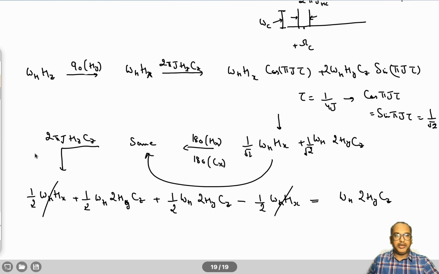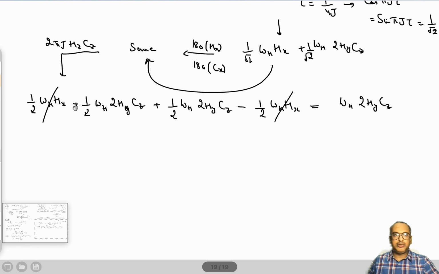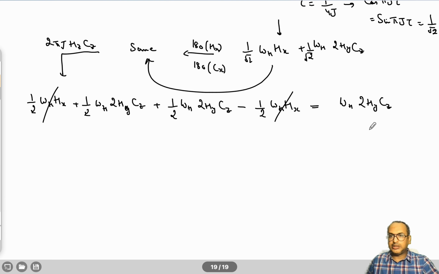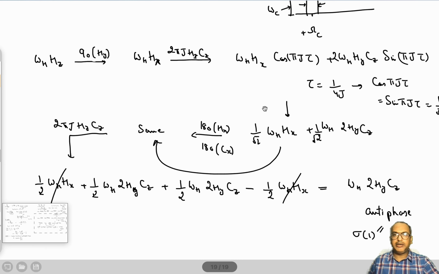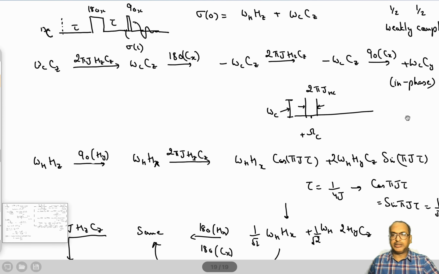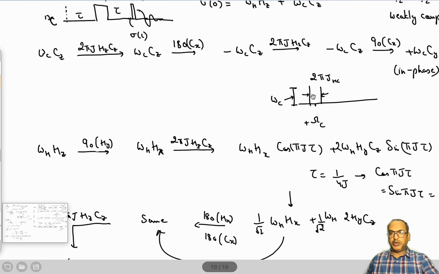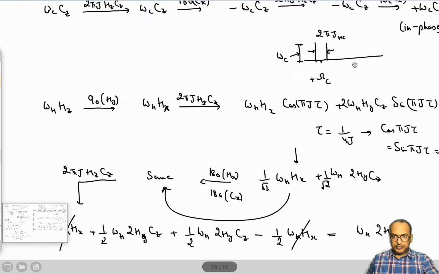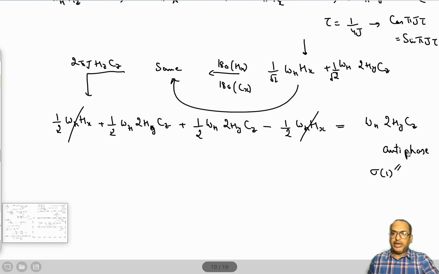Okay. Now an important point to note here is that this is an antiphase term just before detection, right? So sigma 1 is antiphase. In the previous case, sigma 1 was in phase, right? In phase will give you an in-phase doublet, antiphase will give you an antiphase doublet.